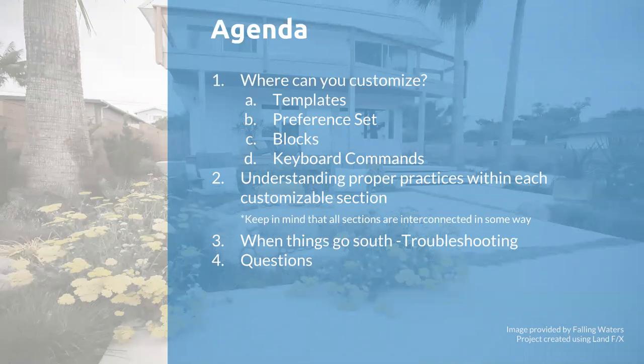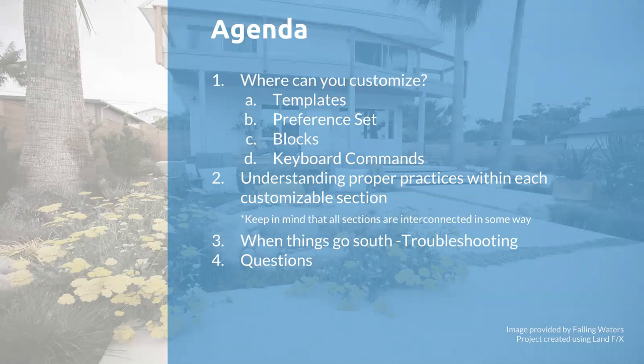We're going to really go into what you can customize and where you can customize those things. We break it into four main categories: templates, preference sets, blocks, and even keyboard commands, but really understanding the proper practices within each of those areas. Keep in mind that each one of these sections is not just in and of itself.